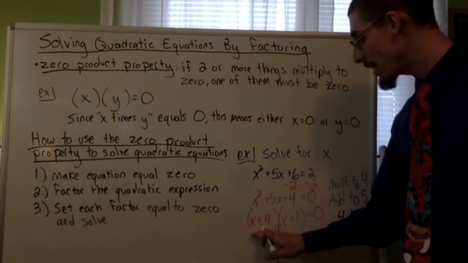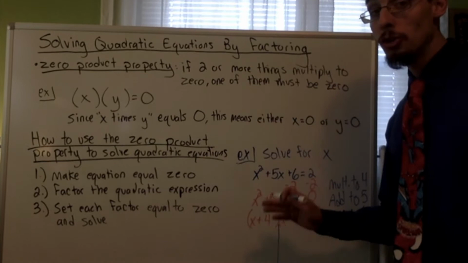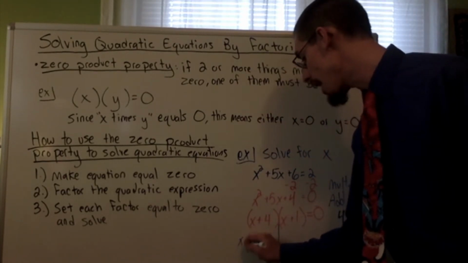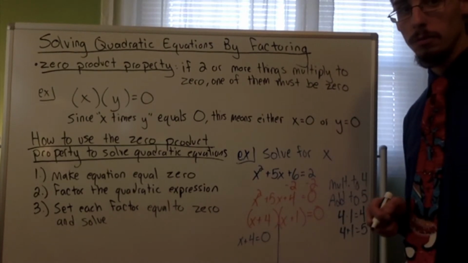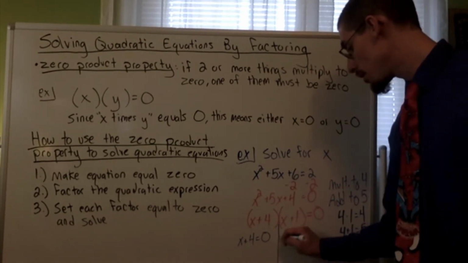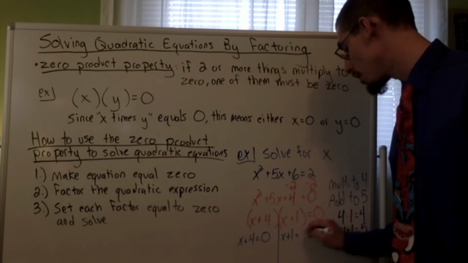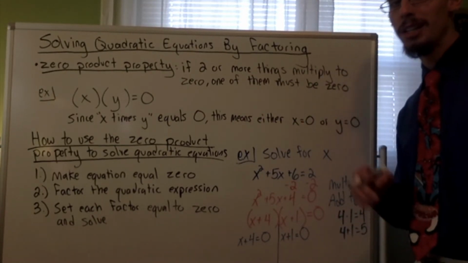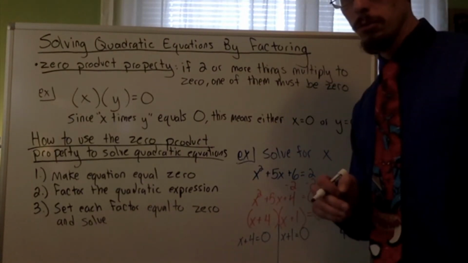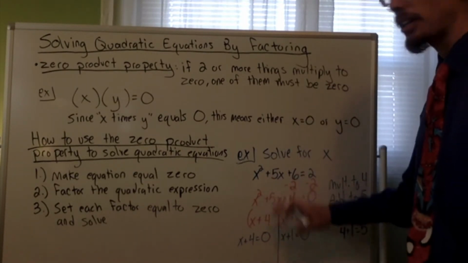The left factor is x plus 4, so what this means is x plus 4 must equal 0, or x plus 1 must equal 0. One of those two things has to be true in order for this to actually work out.